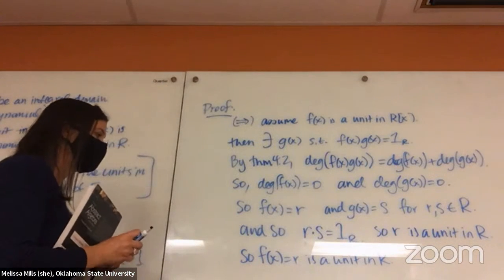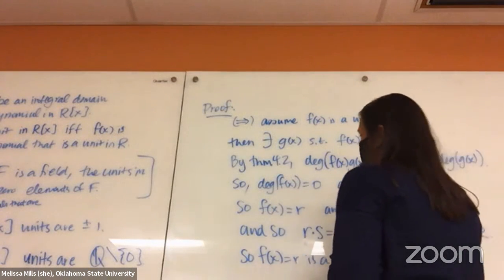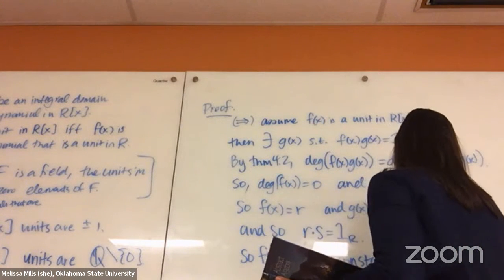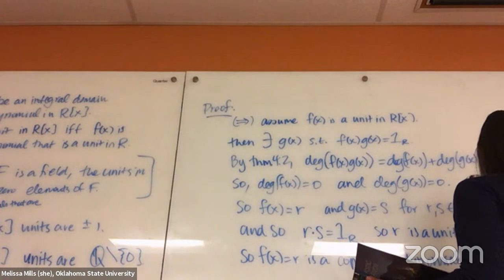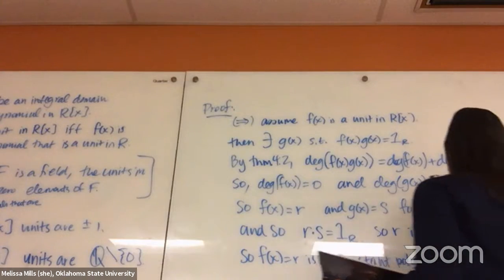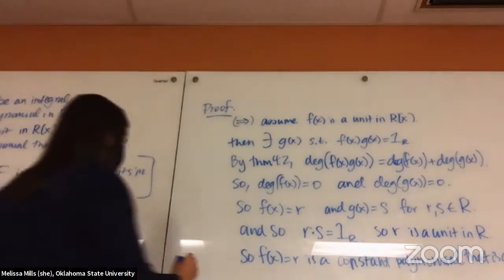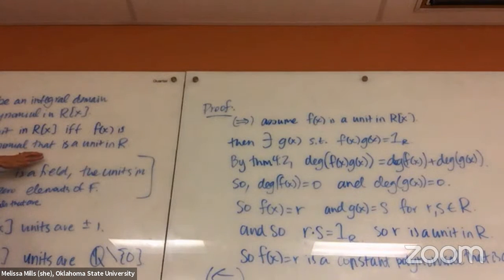So f of x is a unit. Let's say it this way: f of x is a constant polynomial, because then that matches the theorem. So that's one direction, and the other direction is going to be like 2 lines. If I assume that f of x is a constant polynomial that's a unit in R, then it's going to be a unit in R adjoin x.